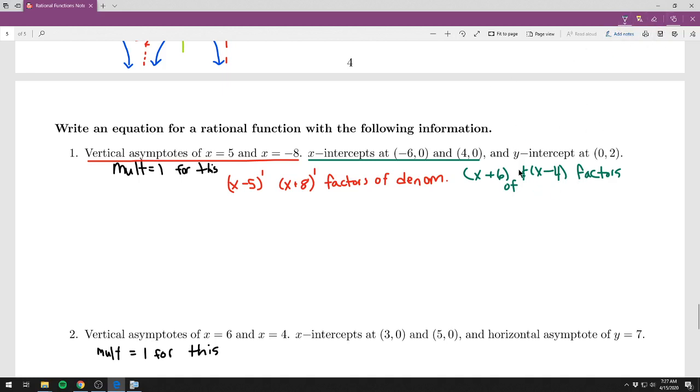I used the denominator so much, and that was a slip up. Right, so these things are going to tell you all the important factors. The y-intercept is going to tell you how to figure out your leading coefficient A. It's not telling you it's 2. It's telling you what to plug in to figure it out.